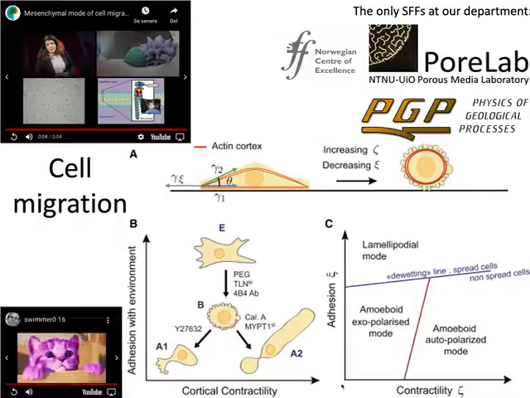Or here is an example of a phase diagram of cell migration, where this time the axis of the phase diagram is the contractility, which is a property of how active the cell is at contracting, versus how active the cell is at adhering to the surface.